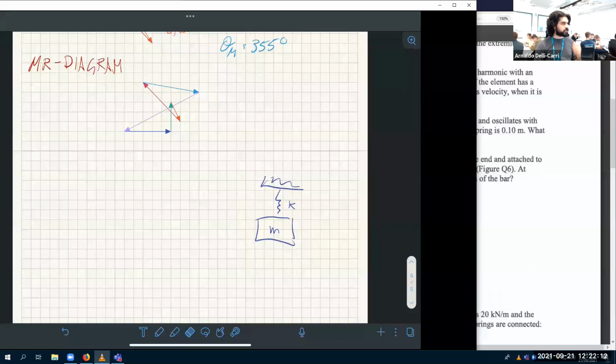If you look at the equations of motion, the free body diagram of this mass, if the positive direction is this one, the free body diagram is this. It only feels the restoring force of the spring, and that is Kx.